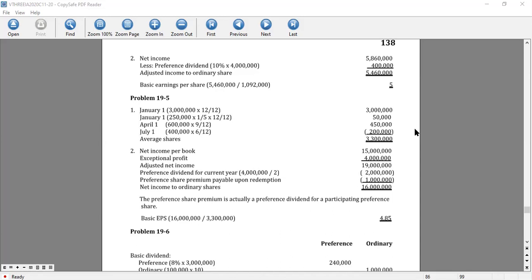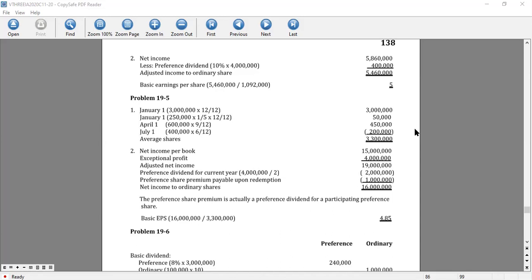The preference dividend rate is 8%, and the preference share is non-convertible but cumulative and fully participating. After the ordinary share has been paid a dividend of 10 pesos per share, the preference share shall participate in any additional dividend on a pro rata basis with the ordinary share.